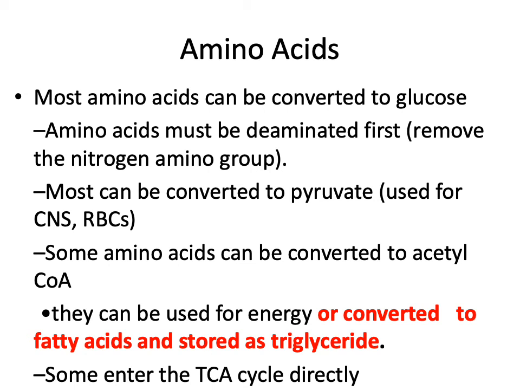So we can use those amino acids then to make pyruvate, which can then be used to synthesize glucose, which can be used to maintain the central nervous system, red blood cells, or wherever else it's needed. And again, some amino acids are converted into acetyl-CoA. Those can either be converted into fatty acids or enter into the TCA cycle.